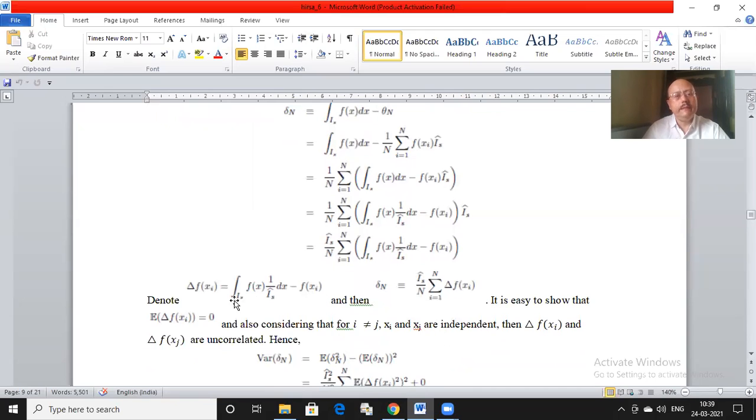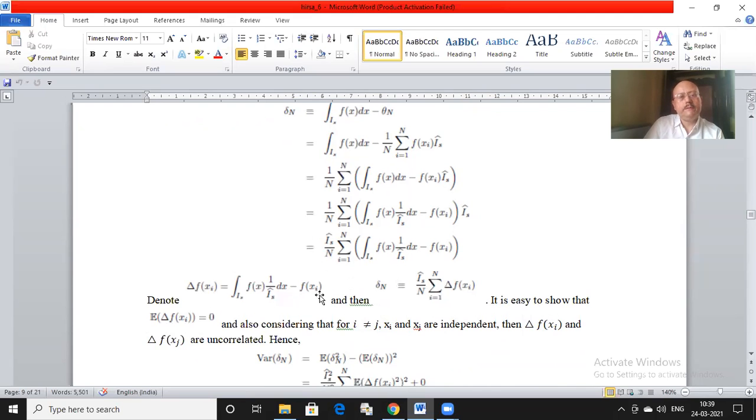Call this quantity delta f(xi). So this is the notation that we introduced. Delta f(xi) is this. Then delta N is nothing but the average of the delta f(xi)'s. Now again, by using the same logic as before, it would be very easy to show that the expectation of delta f(xi) will be 0.